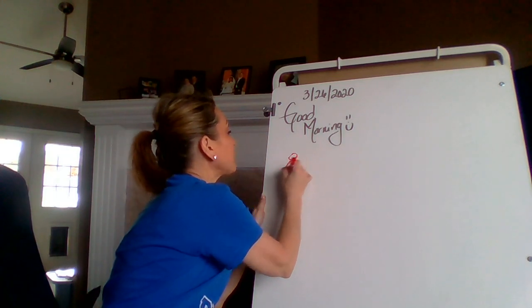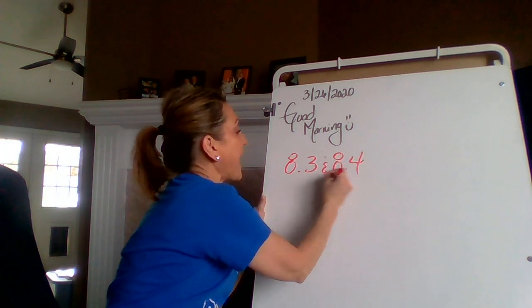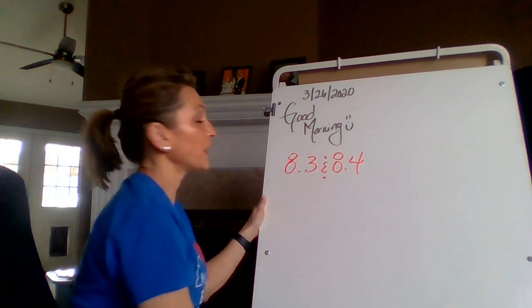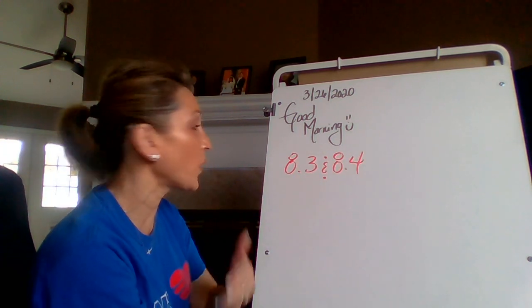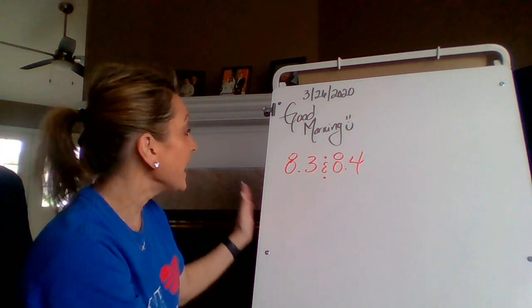Today, I'm going to continue that with 8.3 and 8.4, again, in your Go Math book that you can look at as you're watching this video. When we get done, I will post things for you on our Google Classroom.